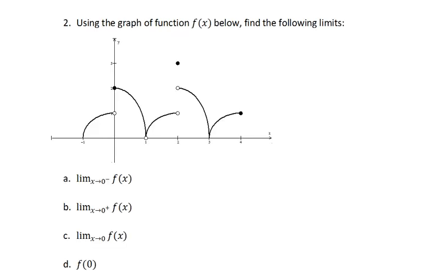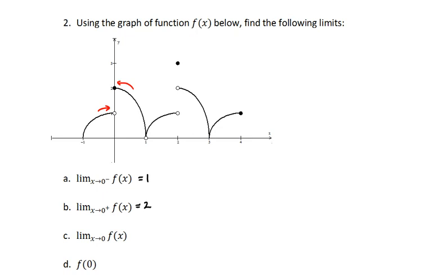Okay, this time we have this crazy piecewise defined function here, and we want to evaluate a number of limits. We have the limit as x approaches 0 from the left. We know that is going to be 1. And you can see that right there. Limit as x approaches 0 from the right. Well, from the right we're approaching 2.